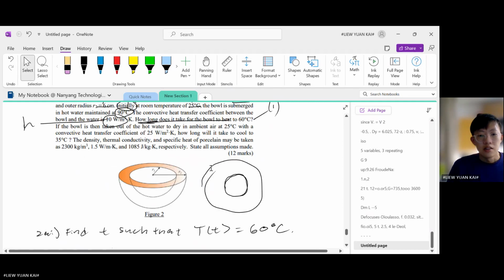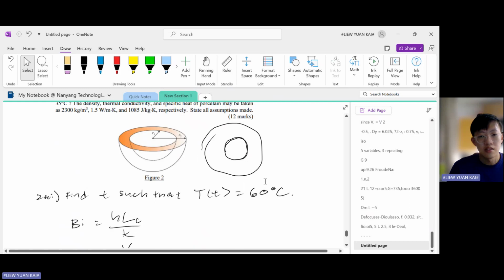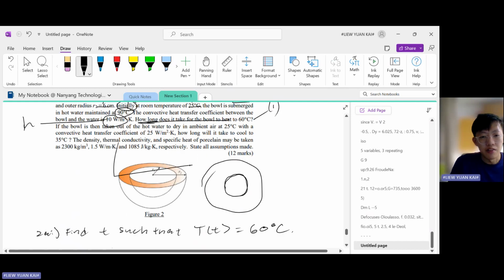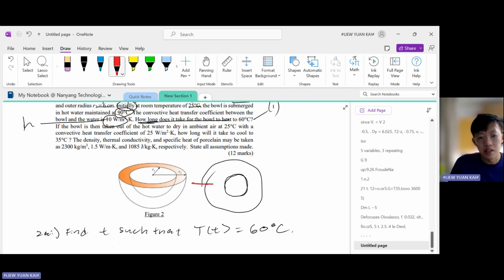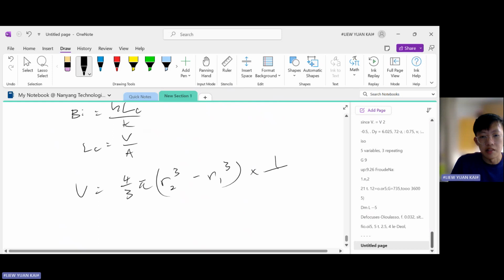This volume is the volume of a spherical shell. But we only want half of it, because it's a hemisphere. So we cut this in half, throw this away, and we're left with the bottom. When we cut it in half, effectively we divide by 2, or in other words, multiply by half.